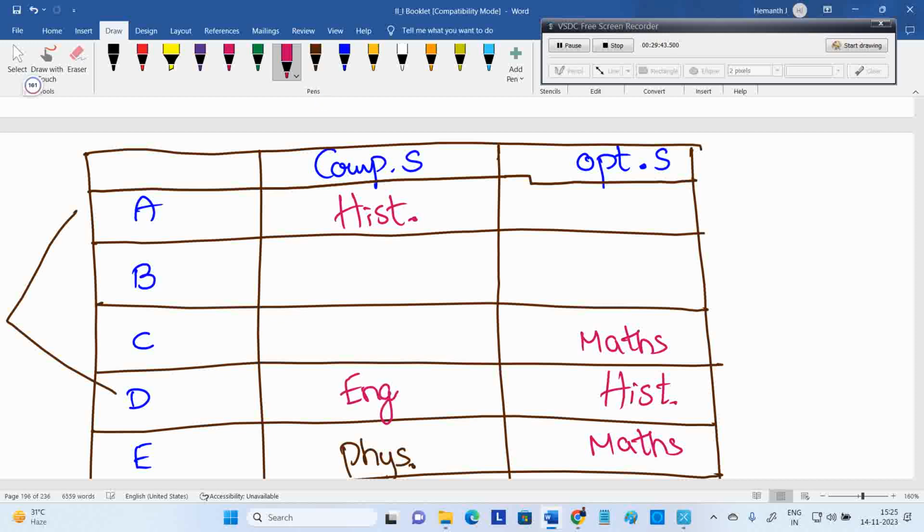English must be there, so here also English. D optional is history, that is A compulsory. D compulsory English, A optional is English. History and English are A and D subjects, but optional and compulsory are reverse. As already this is filled, now we can put reverse for A.